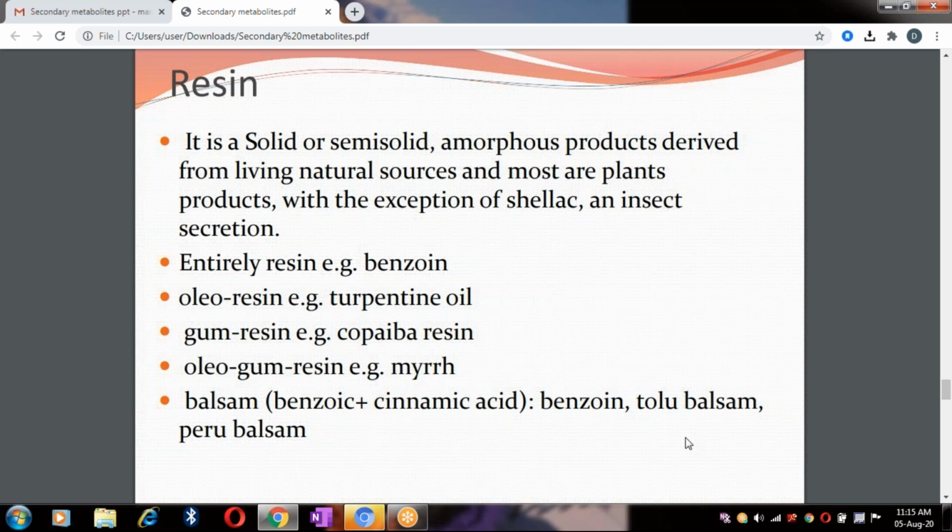Which other one did we discuss that was formed in schizogenous and schizolysigenous ducts? Which other secondary metabolite was formed in schizogenous or schizolysigenous ducts? Yes, I told you, lignin, in schizogenous duct also.